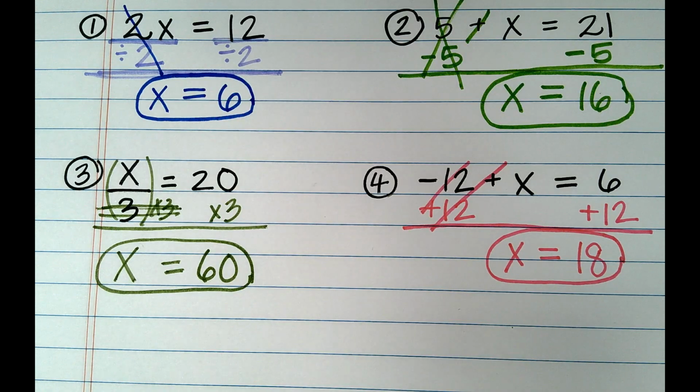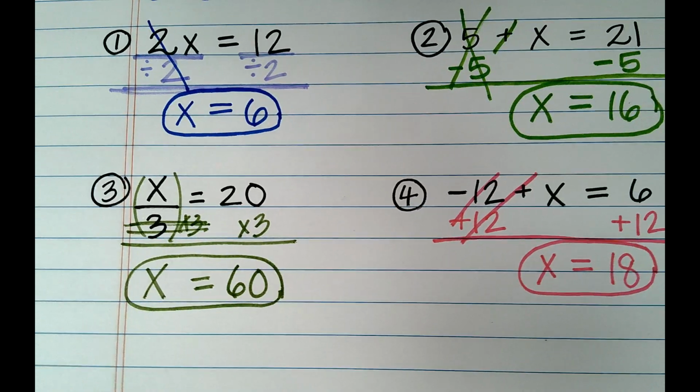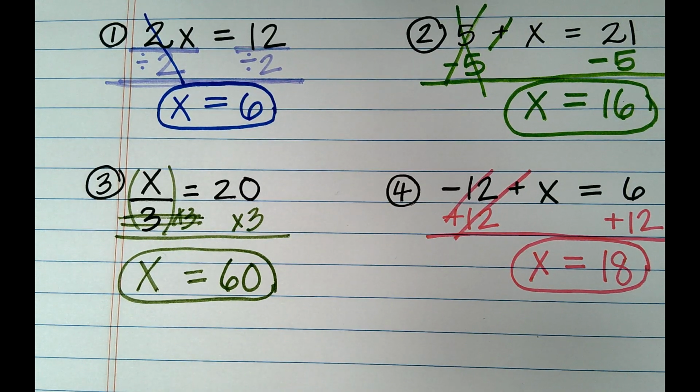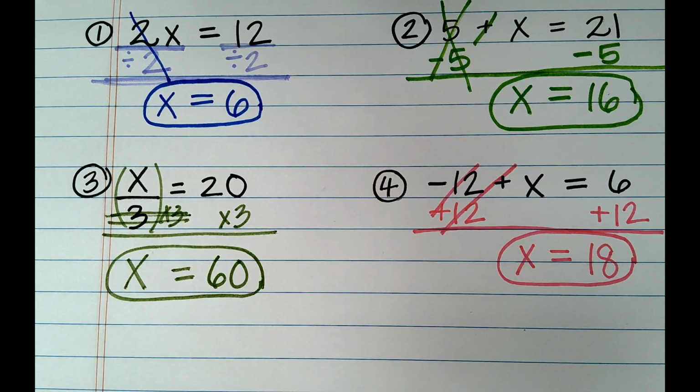Okay. So we have looked at a couple of different problems where we have to use all four of the operations. Do we have any questions about anything that just happened up here? Or is it making sense?